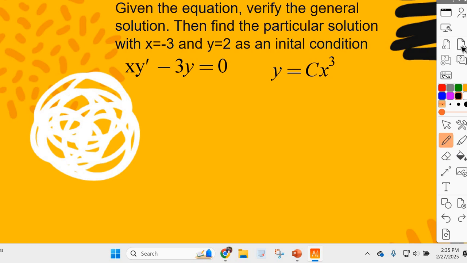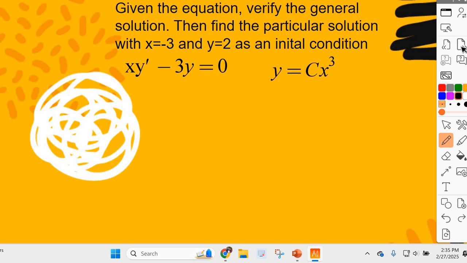So this one has a constant in it. If I have something that has just a C value in it, that is our general solution, meaning I could pick an infinite number of C values and all of those would work. In order to find a particular solution, they have to give us some values that we plug in, kind of like on our slope fields where we plotted one point to graph it. Here, x equals -3, y equals 2 is my one point.